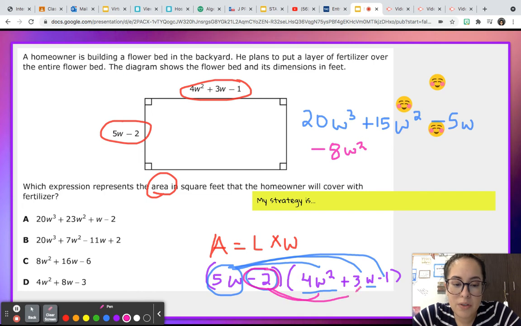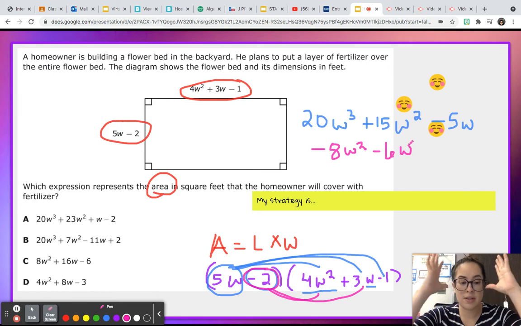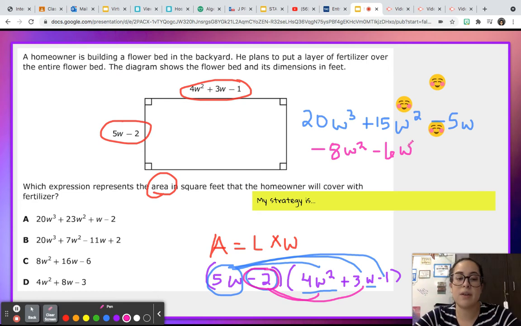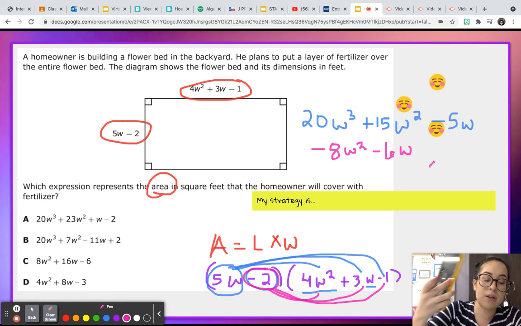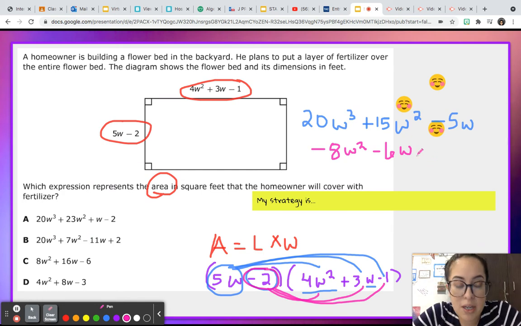Negative 2 times 3w is negative 6w. Nothing to change with the w because negative 2 was a single number without a variable. Now negative 2 times negative 1. If you're not comfortable multiplying with integers, use your calculator when in doubt. So negative 2 times negative 1 is positive 2.